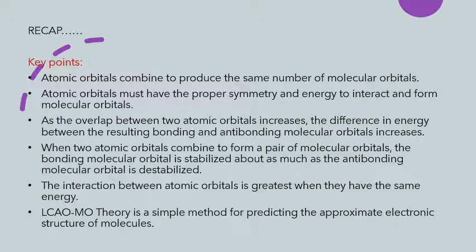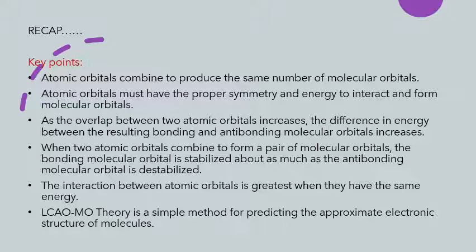As the overlap between two atomic orbitals increases, the difference in energy between the resulting bonding and antibonding molecular orbitals increases. When two atomic orbitals combine to form a pair of molecular orbitals, the bonding molecular orbital will get stabilized about as much as the antibonding molecular orbital is destabilized.